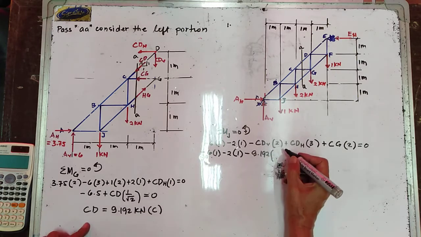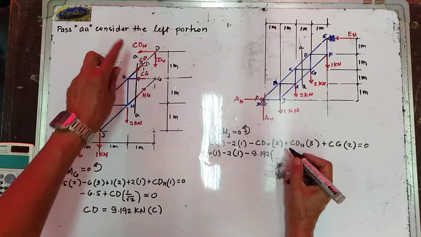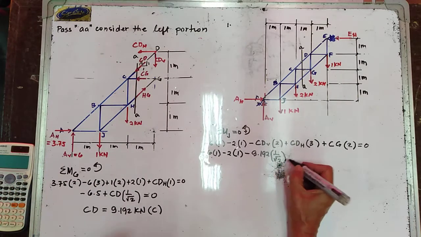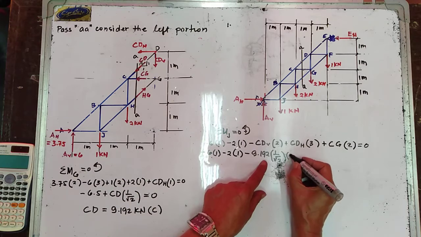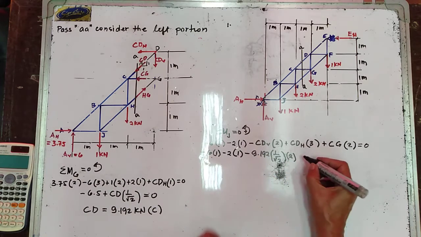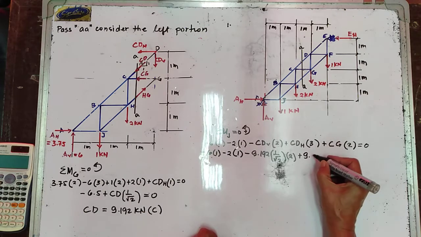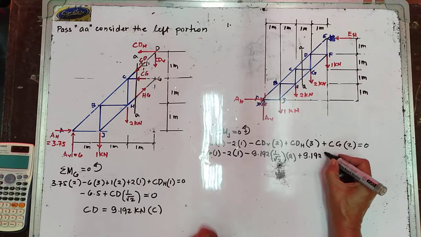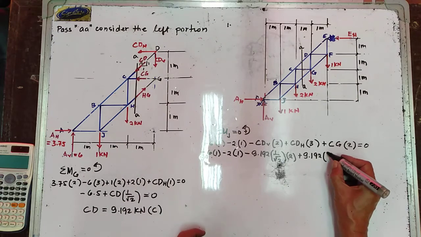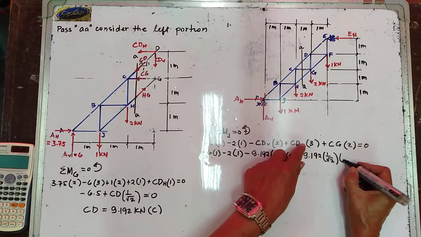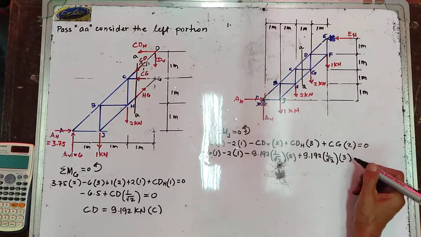The vertical component of CD is 1 over the square root of 2. So that is your CD vertical. Multiply that one by 2. Now plus CD horizontal, 9.192. Still, the horizontal slope is 1 over the square root of 2. Multiply this one by 3.